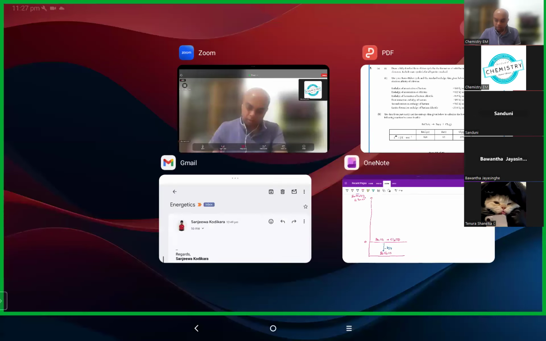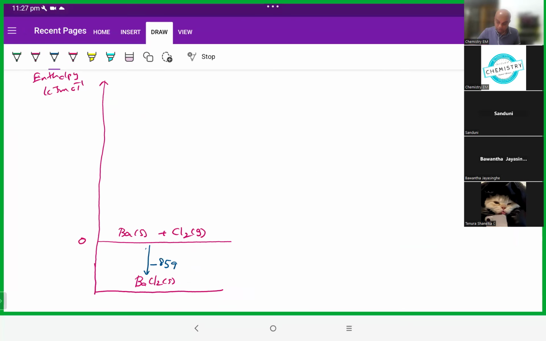If I write it down here, lattice enthalpy means barium 2 plus gas plus 2 Cl minus gas is converting into barium chloride. This is the lattice enthalpy. If you can check these two, this one and this one, they are the same.